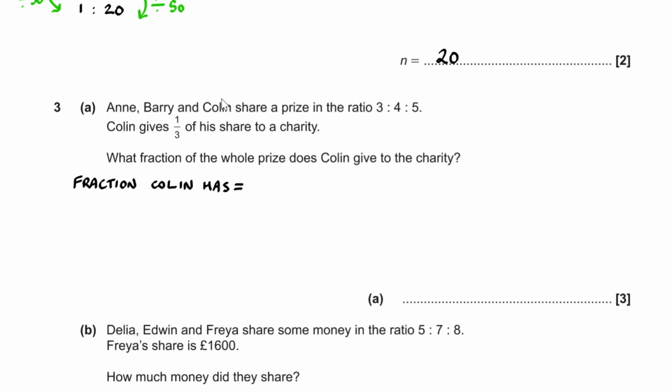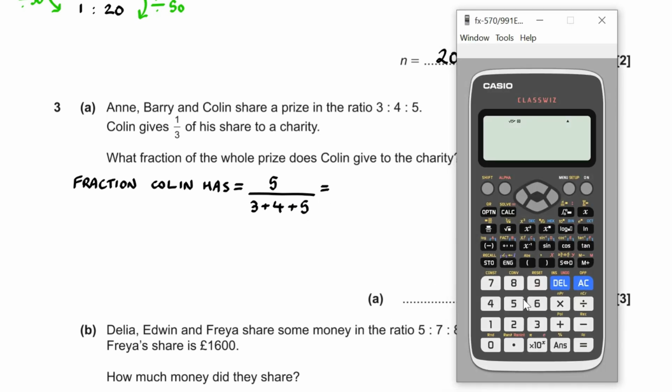Colin's part is 5, so we have 5 over 3 plus 4 plus 5. So if we work this out, we have 5 over 12 as the fraction Colin has.